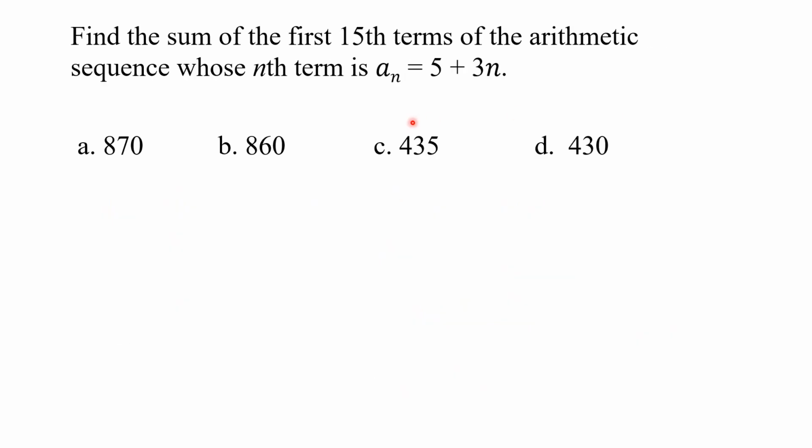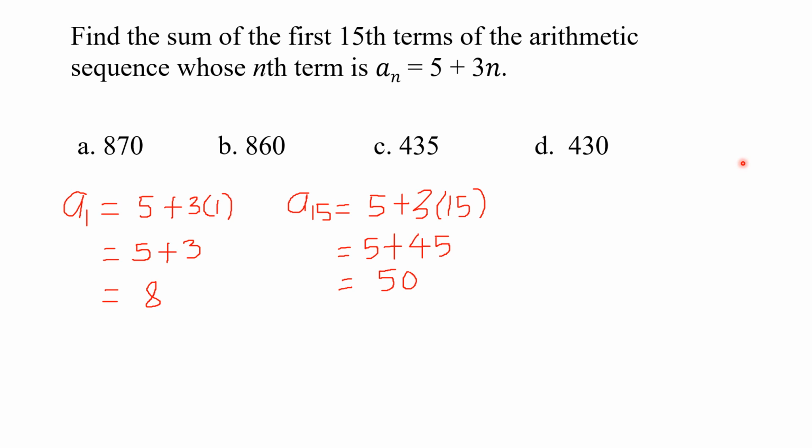Next problem. Find the sum of the first 15 terms of the arithmetic sequence whose nth term is a sub n equal to 5 plus 3n. Solving for the first term, we simply substitute 1 for n, and that is 5 plus 3 times 1. 3 times 1 equals 3, and 5 plus 3 is 8.